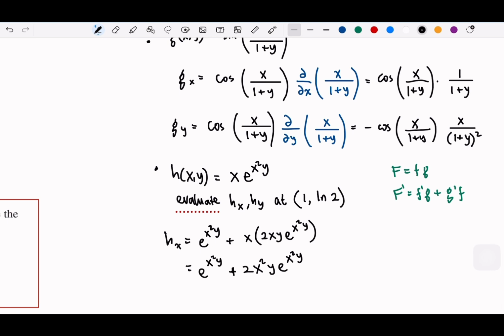Anyone still have confusion about this one? About the product rule? Just take it slowly. Make sure that you derive the first component, keep the second one, and then derive the second one, and multiply by the first. That's it. The same thing with this.